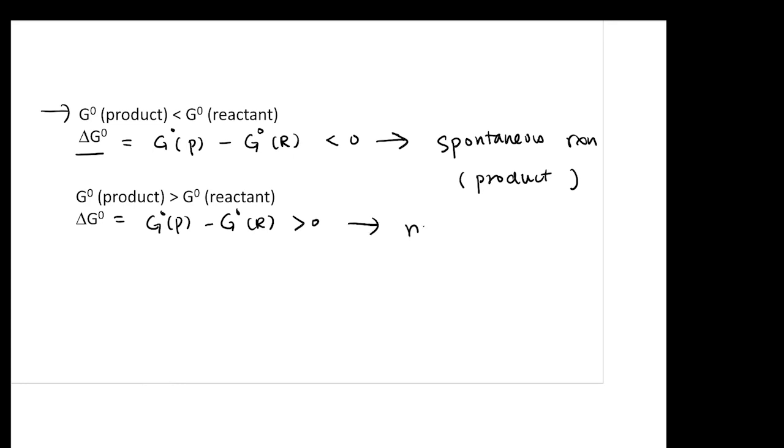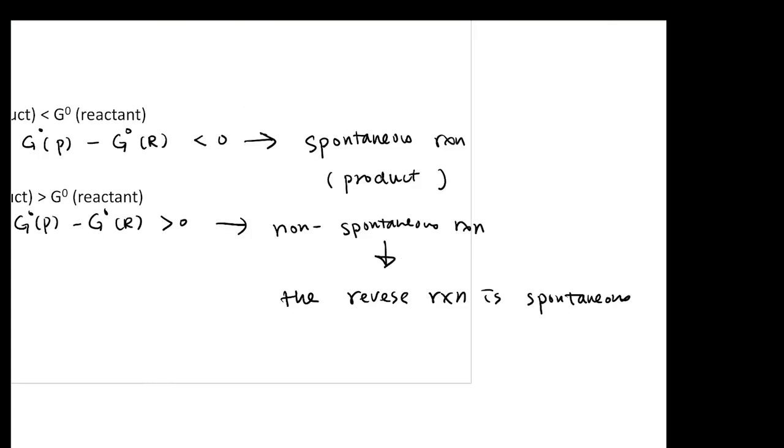Then it is a non-spontaneous reaction toward the product side. But what it means is that the reverse reaction will be spontaneous. In other words, you are going to have more reactants.